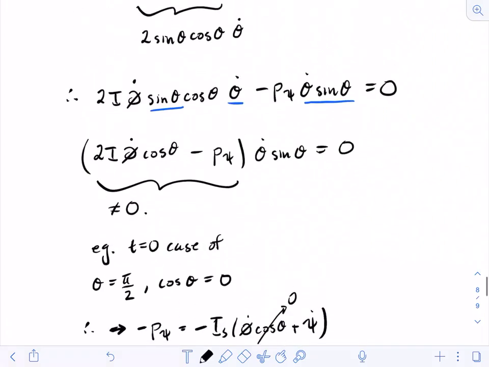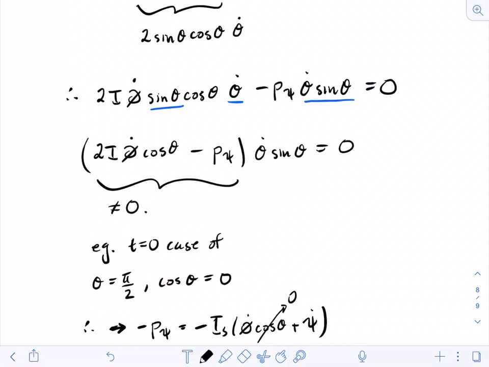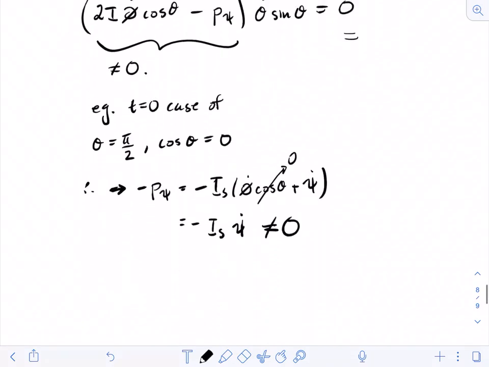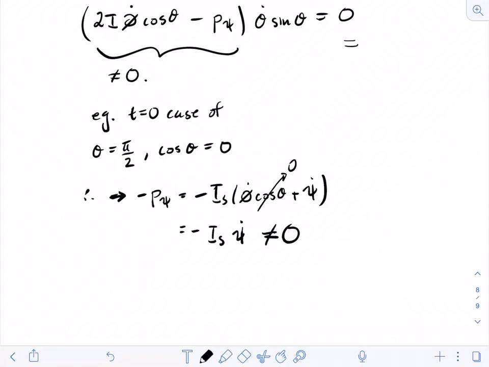And so that's at least one instant in time where the stuff in brackets is not equal to 0. So the only way that we could satisfy this equality then is by forcing theta dot to be equal to 0. Okay, because sine theta is not equal to 0 when theta is pi by 2, sine theta is equal to 1.